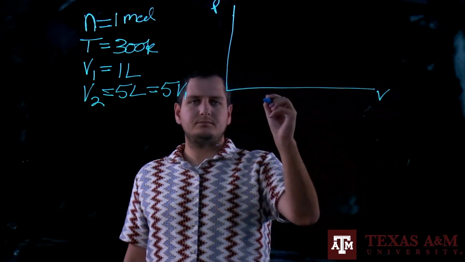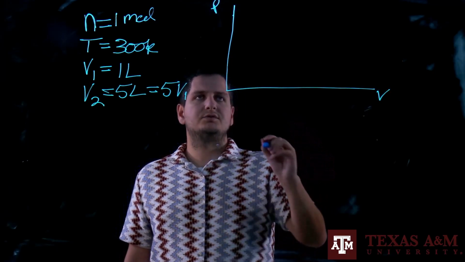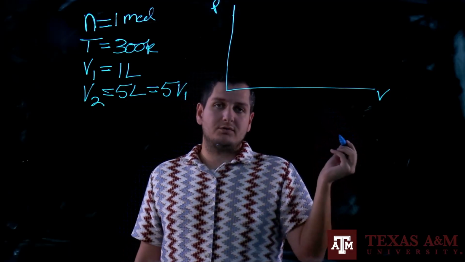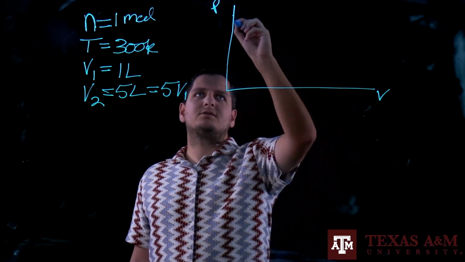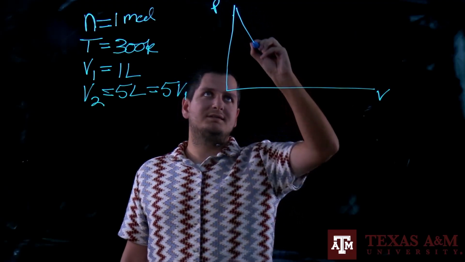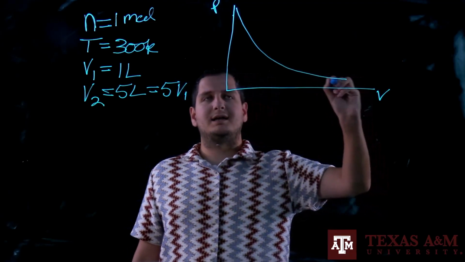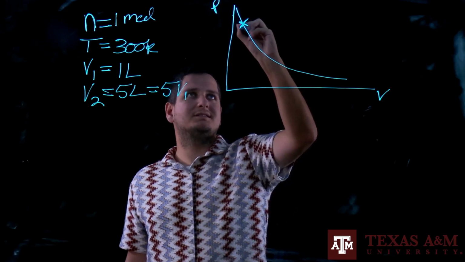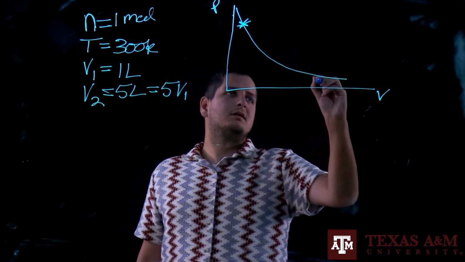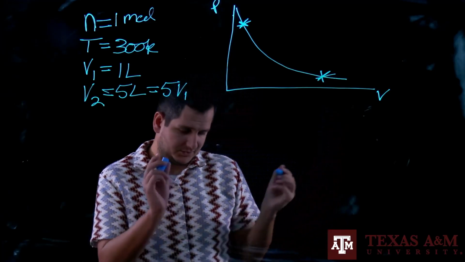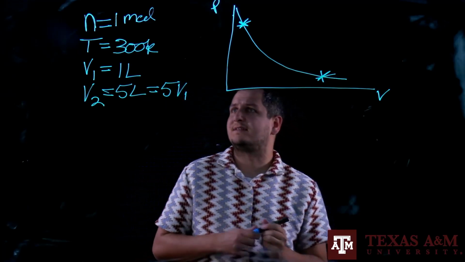Okay, and remember, the PV diagram has isotherms, okay? So isotherms qualitatively look like this for an ideal gas. And what's nice, in this example, for isothermal expansion, they both lie on the same isotherm.